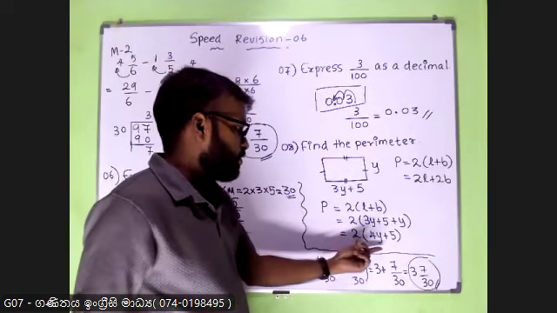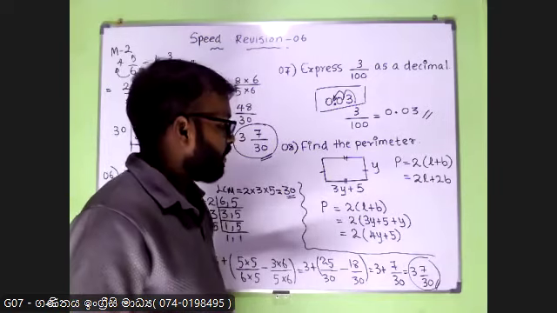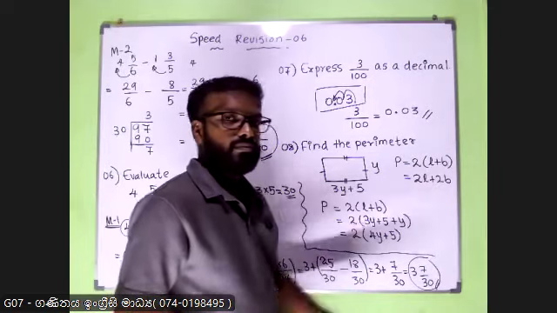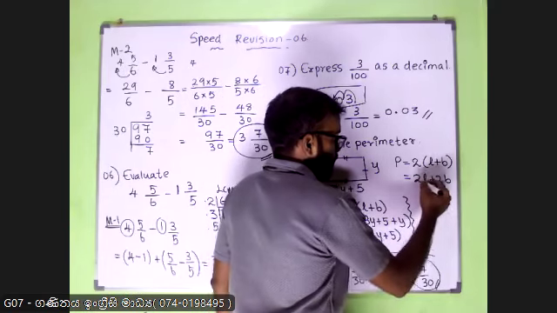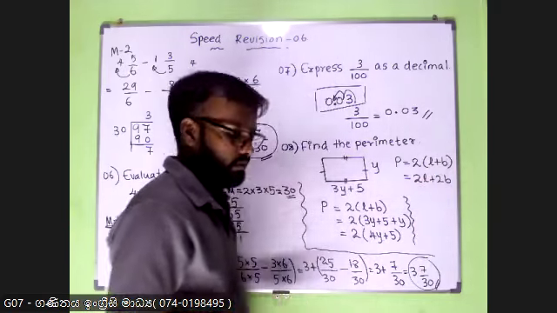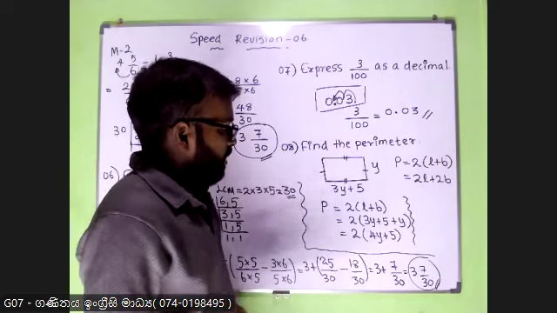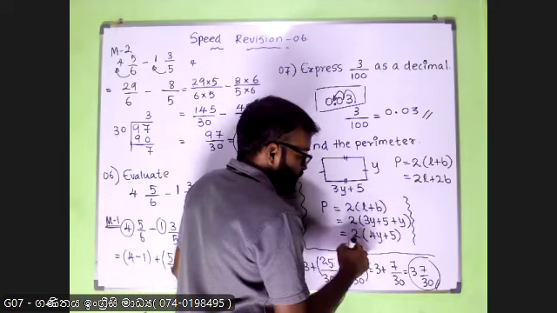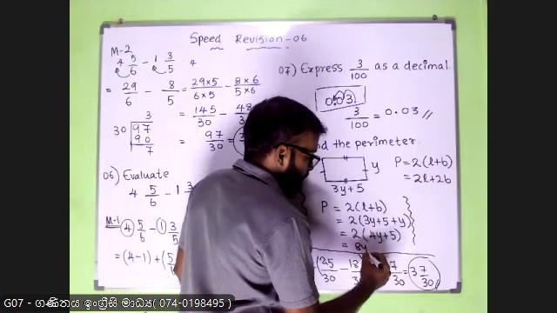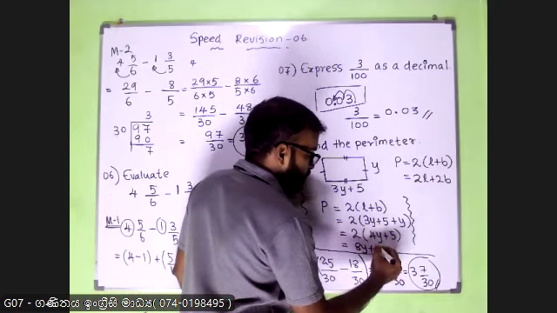So this should be your answer. Or else you can use the other one as well, 2 times L plus 2 times B. If you want, you can simplify this one too: 2 times 4y is 8y, plus 2 times 5 is 10.